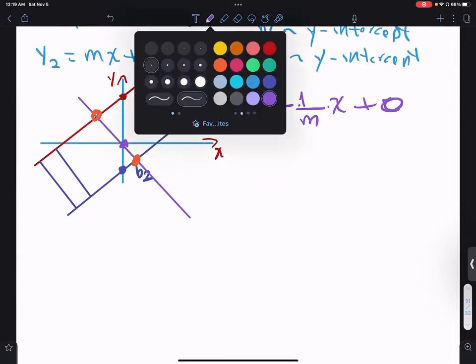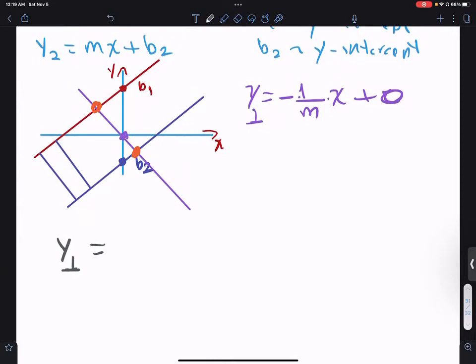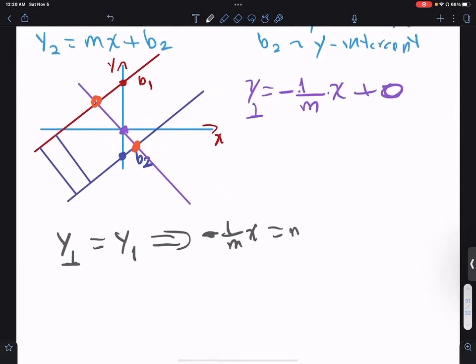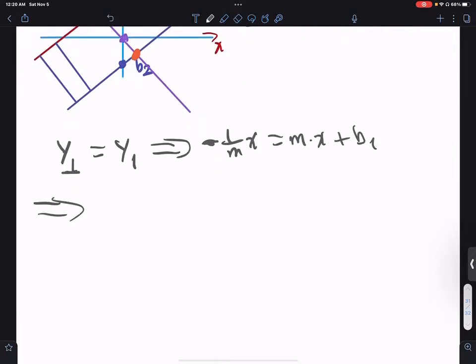I'm going to make the perpendicular line equal to y1. This implies that negative 1 over m times x, I don't write the 0, equals m times x plus b1. And we will solve for x.